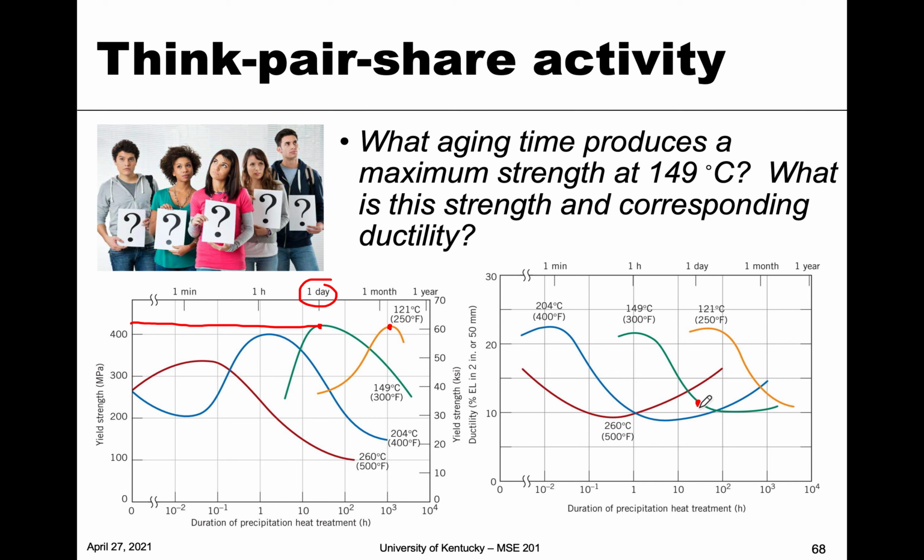And that means that our ductility is somewhere above 10, so maybe 20%. This is percent elongation in 2 inches or 50 millimeters. So that's our ductility and strength at 1 day for this type of heat treatment.